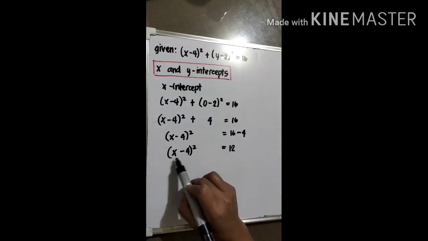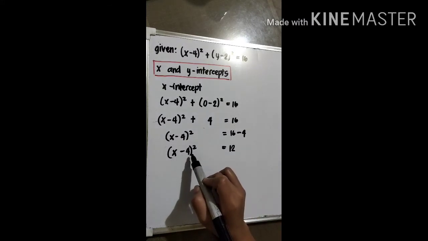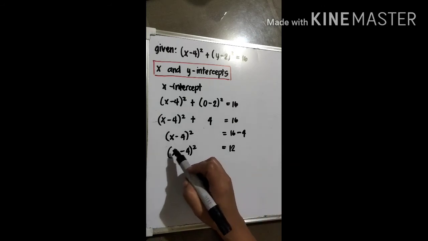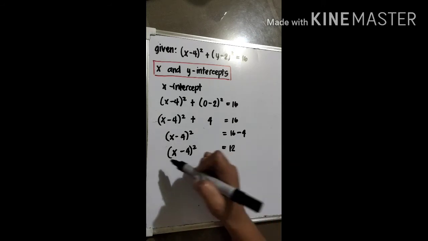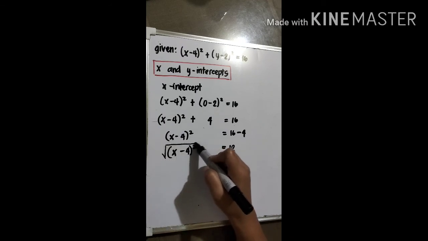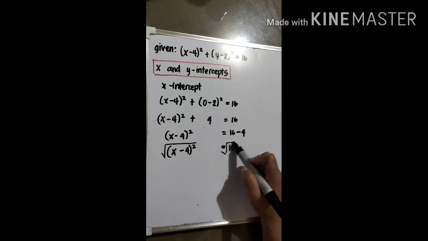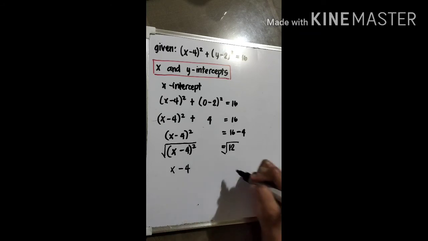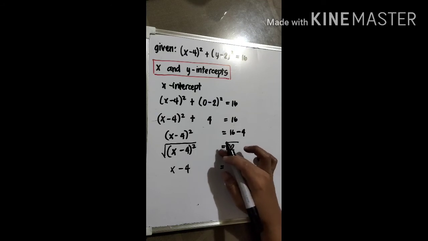Now, you don't have to square this anymore because we are just looking for the x value. So instead, you have to extract the square root from it, and then we have here x minus 4, and on the other hand, the square root of 12.